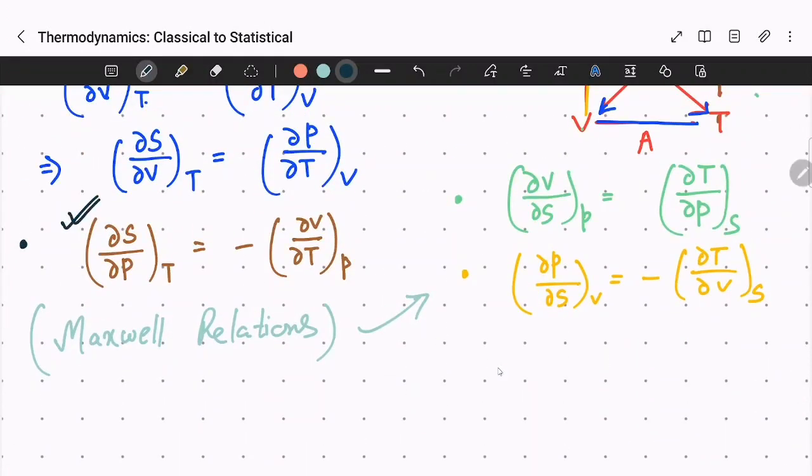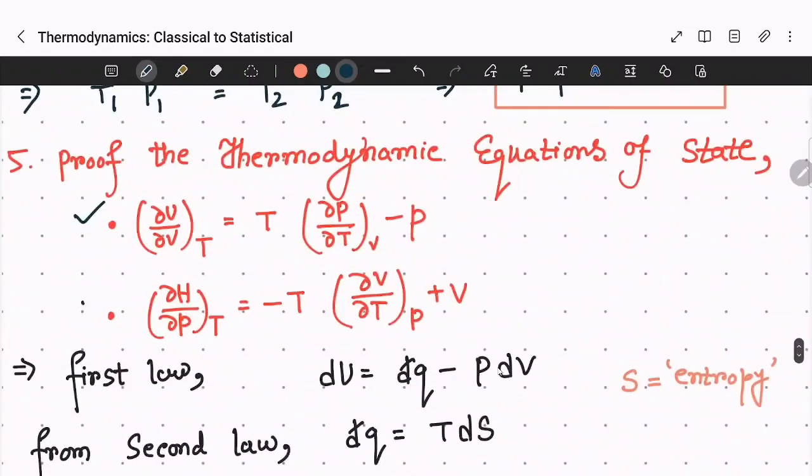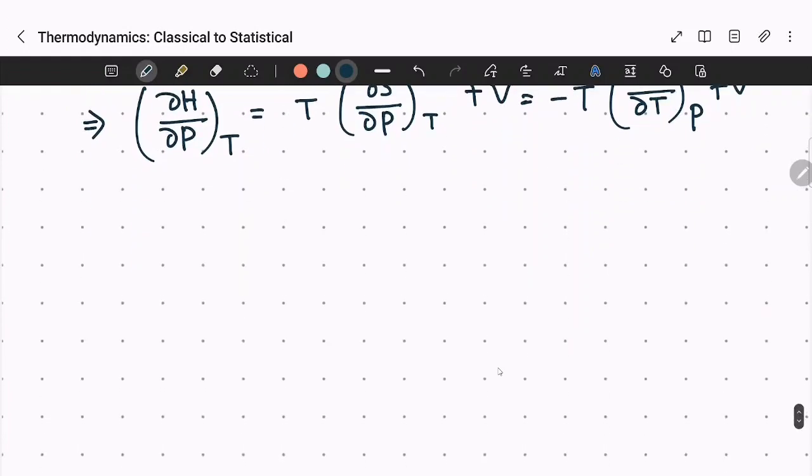This is del S del P at constant T equals to minus del V del T at constant P. Just we have to put it, then we can write minus T del V del T at constant P plus V. So this is the second thermodynamic equation of state. Okay, this is important. These two thermodynamic equations of state are important.